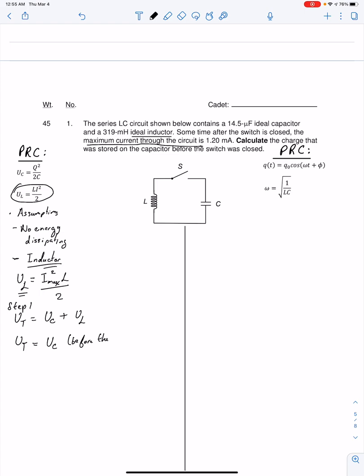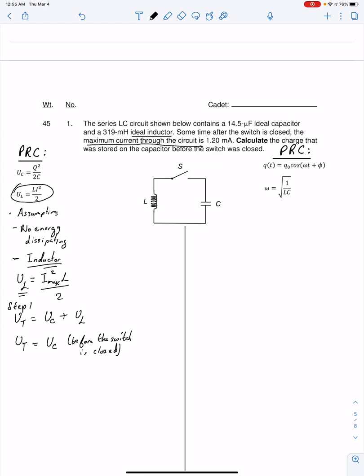Because at this point, there is no current traveling through the circuit because the circuit is not closed. Therefore, there is no current going to the inductor. The only electric potential energy that is available is coming from the capacitor, not the inductor.